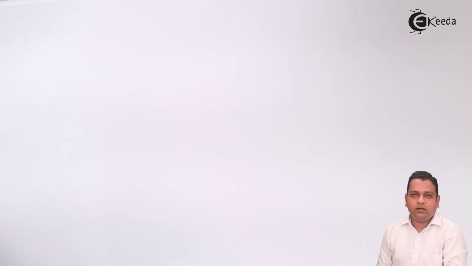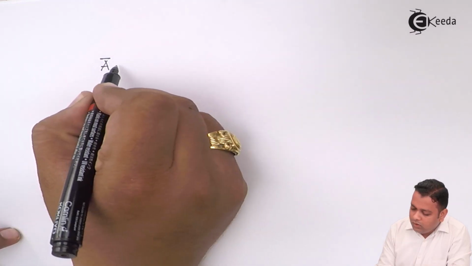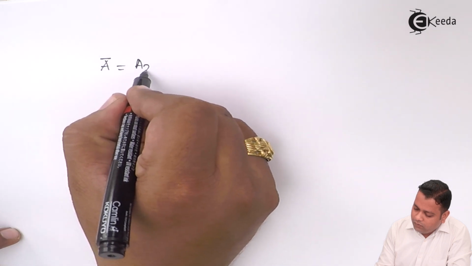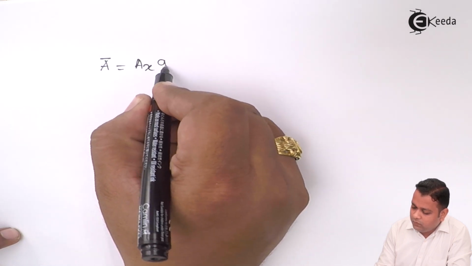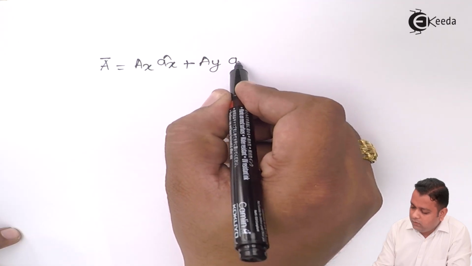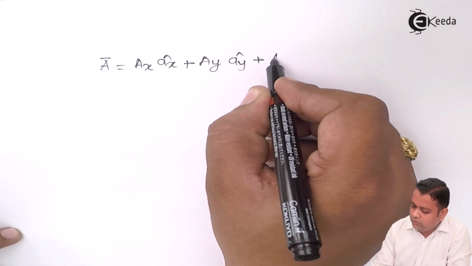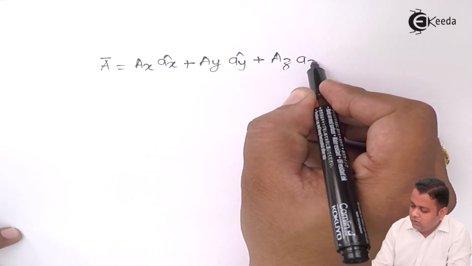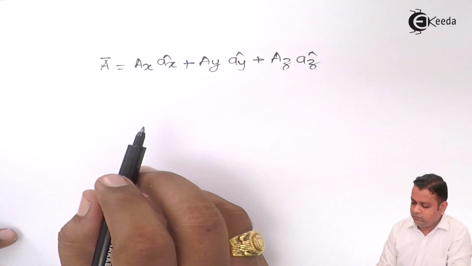Now the vector representation using the rectangular coordinate system, in general we can show like this: A bar equals Ax ax cap plus Ay ay cap plus Az az cap.